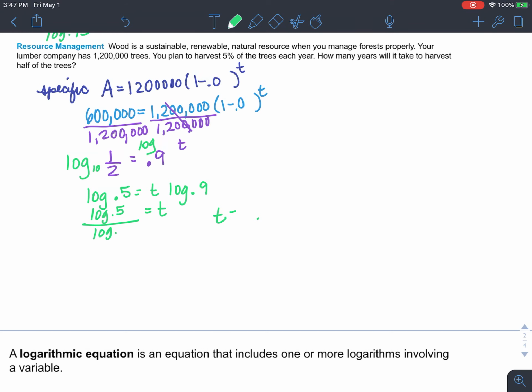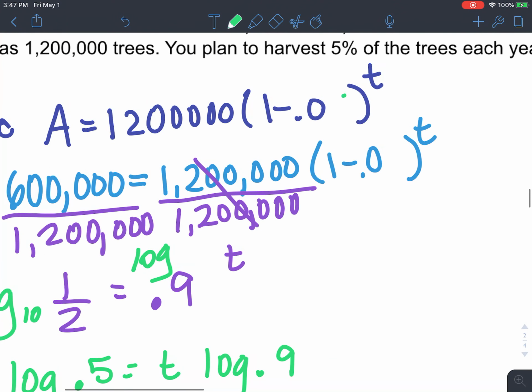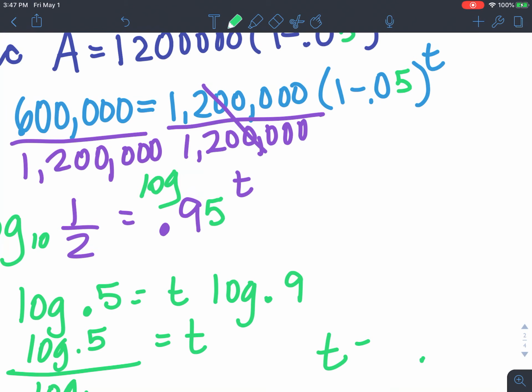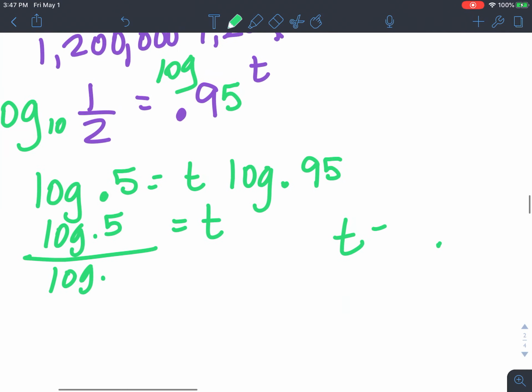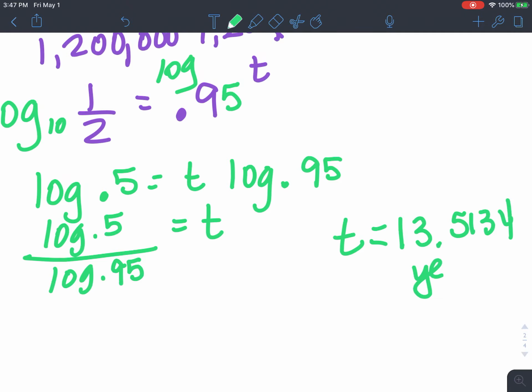This will be 0.05. So this will be 0.95. And that gives us 13.5134 years.